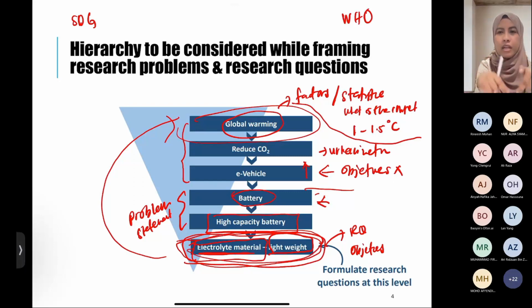That electrolyte material, development of electrolyte material is already a novel thing, is already cutting edge to solve the battery of e-vehicle. So the whole component of the battery, there's electrode, there's electrolyte. You are not talking about electrode. You are talking about electrolyte material. So your scope is on electrolyte material. So when you narrate your objective, it should be at the bottom part. The one that you are doing is at electrolyte material.